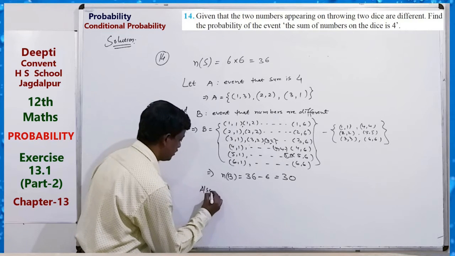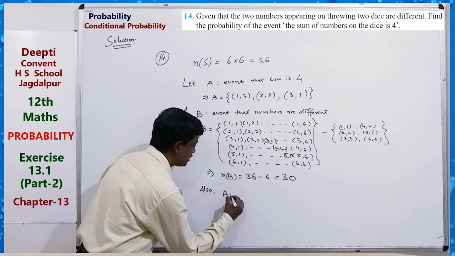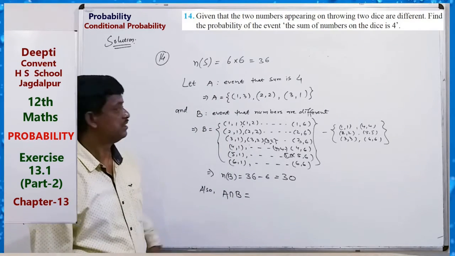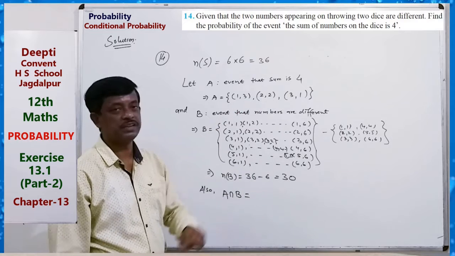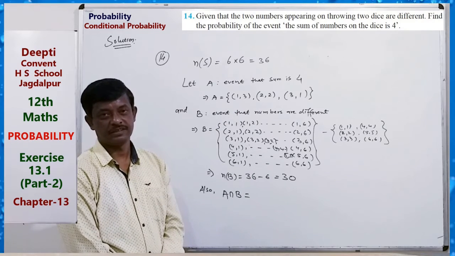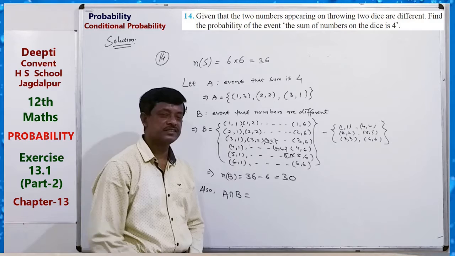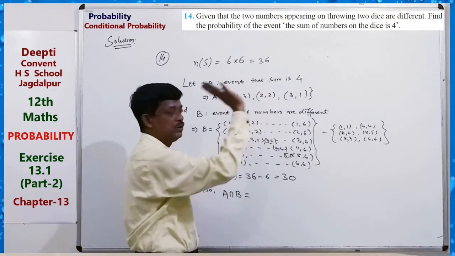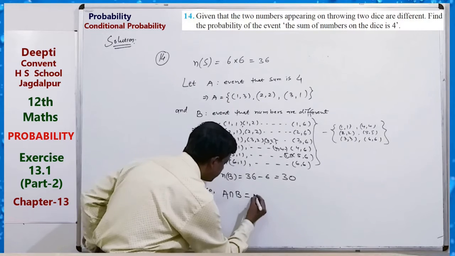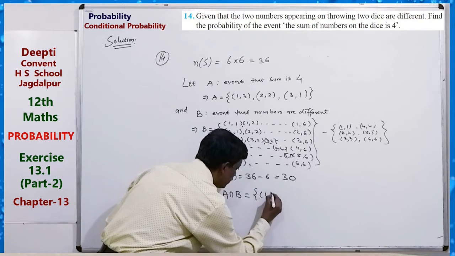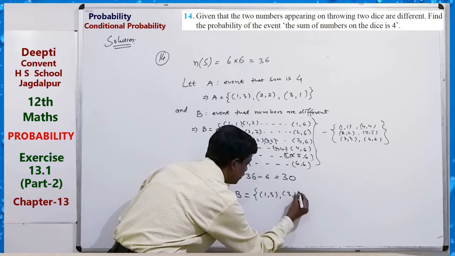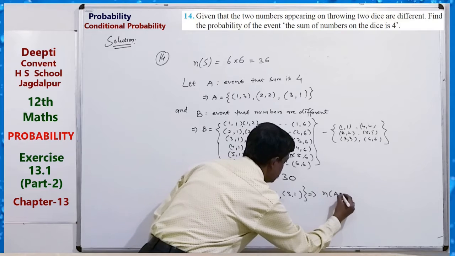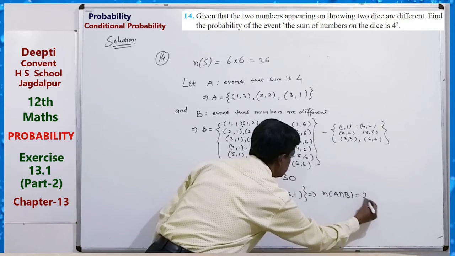Also, A intersection B gives only 2 outcomes, because 2 2 is not allowed: 1 3 and 3 1 are different. So n(A intersection B) equals 2.